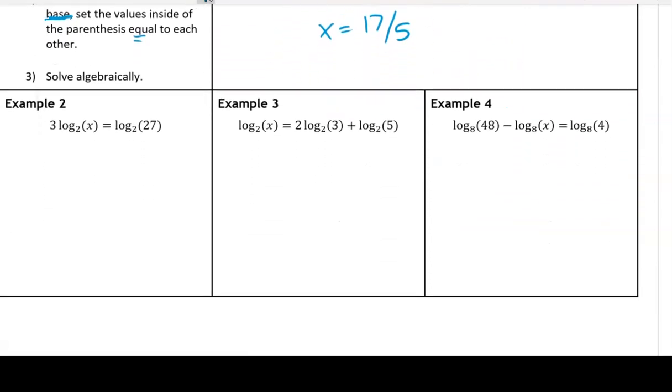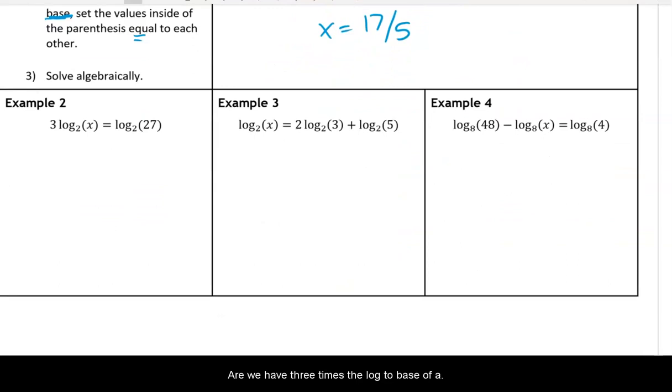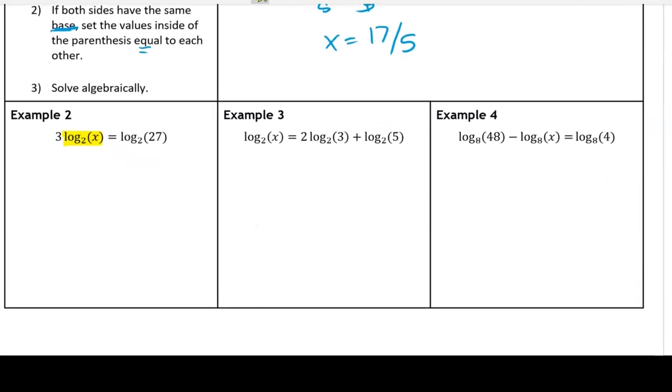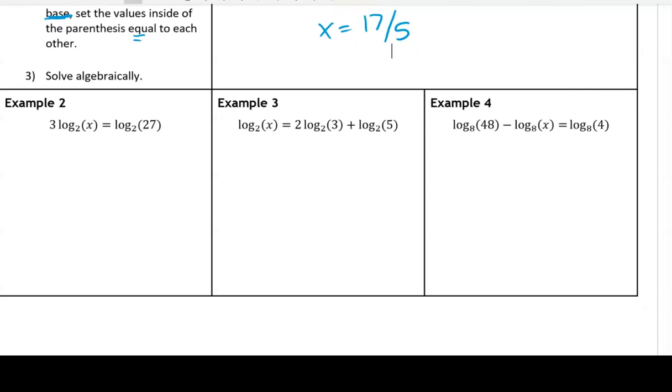Awesome. Okay, example 2. Here we have 3 times log base 2 of x, and that equals log base 2 of 27. So we need to isolate this log. Oh, okay, I see what I'm doing. Never mind what I said there.